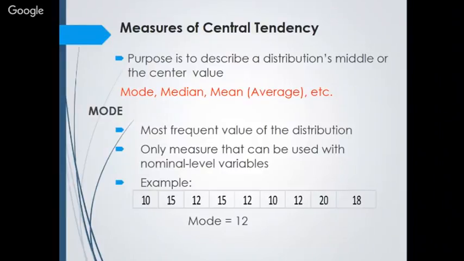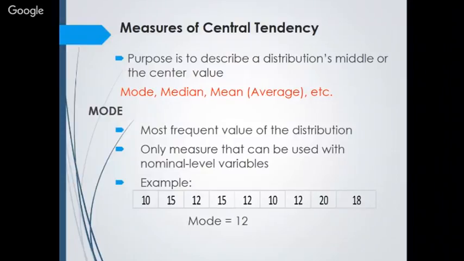Mode is the most frequent value of the distribution, and the only measure that can be used with nominal level variables, because I already told you nominal measures have no numerical values and no ranking either. Here we are checking only the frequency, how many times a value is repeated.